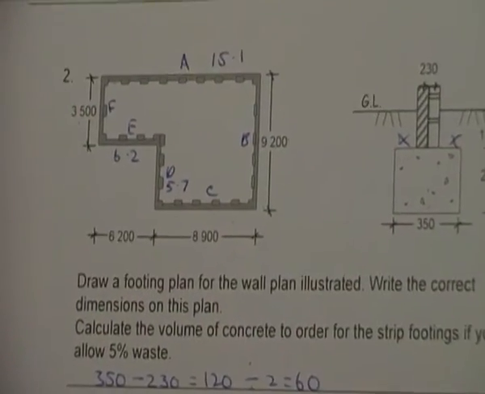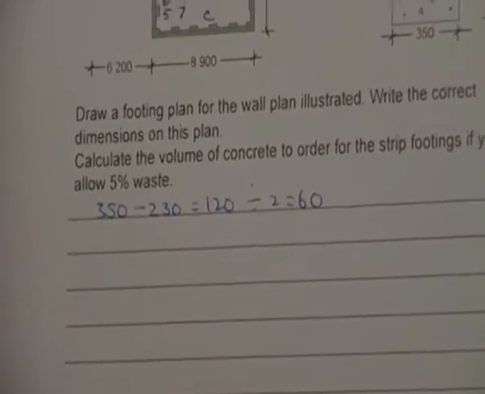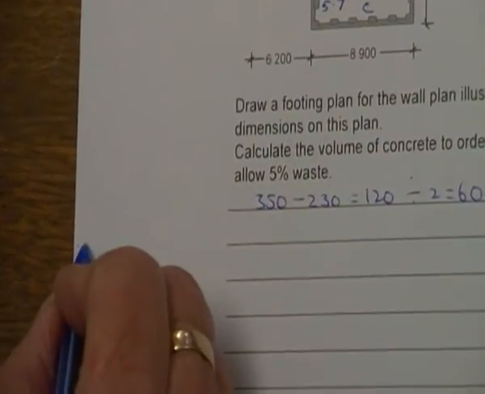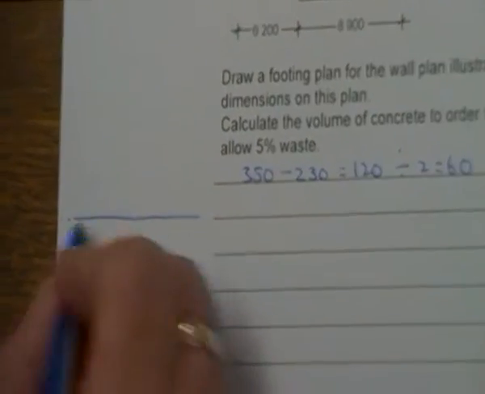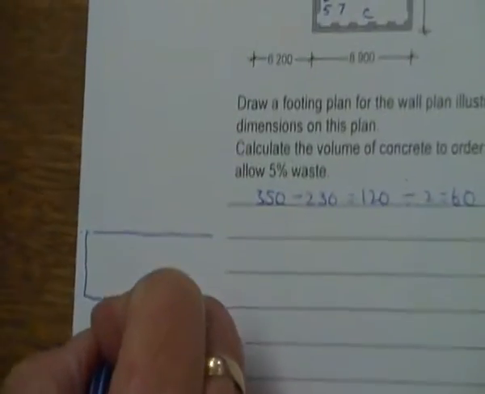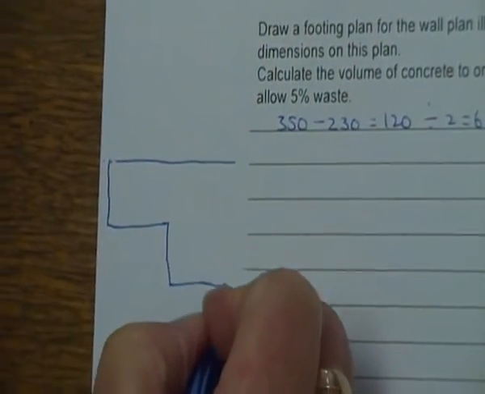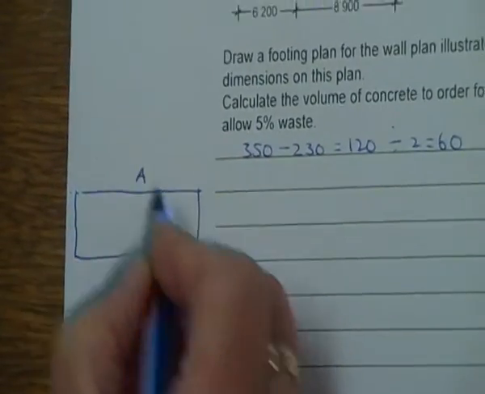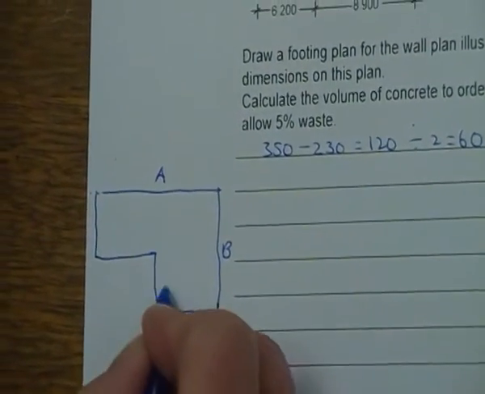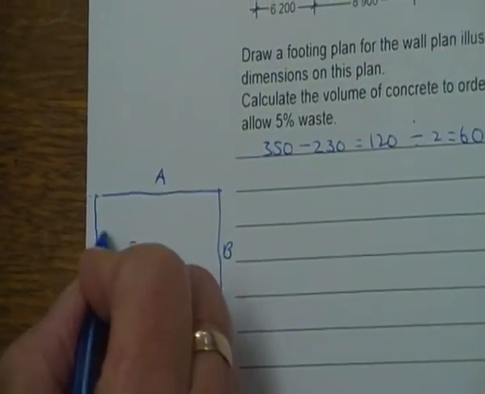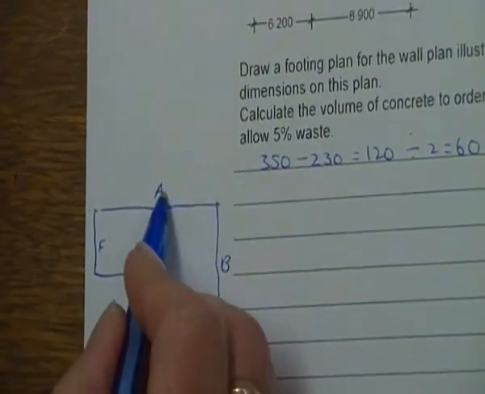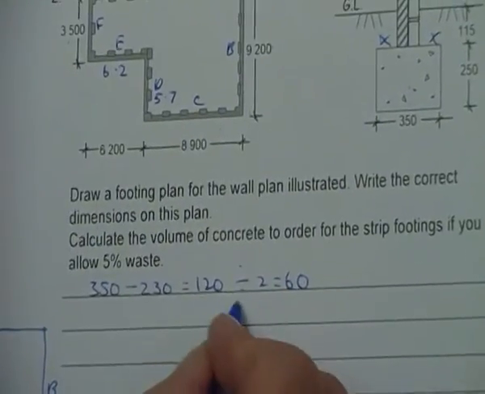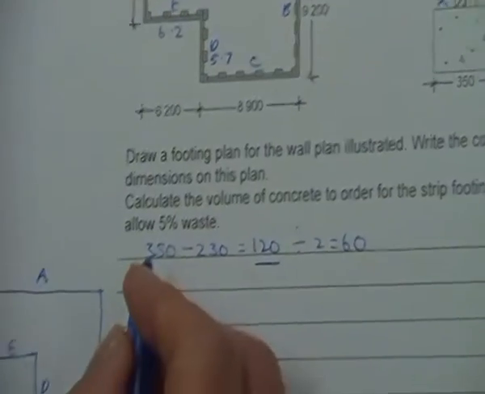spoil. So let's do a drawing first up, and this time I might put it over here so it's a little bit easier to see. So I've got my sides A, B, C, D, E and F. Now side A is 15.1, and I have to add 60 and 60, so the 120 I'm adding.